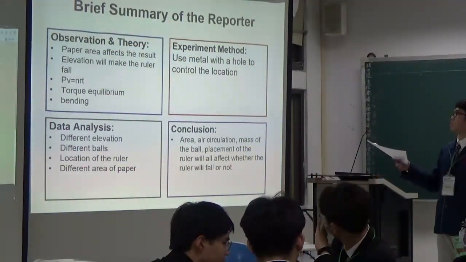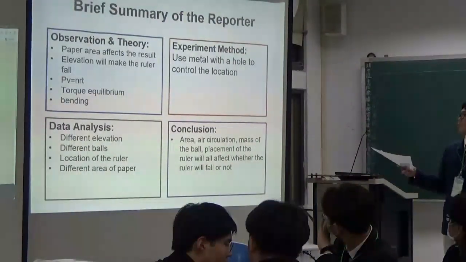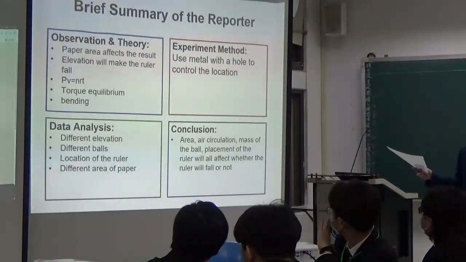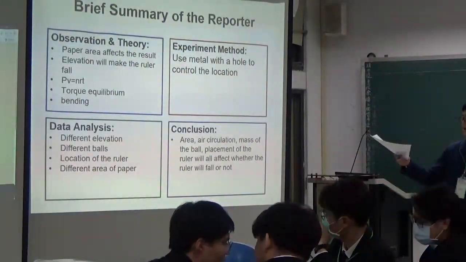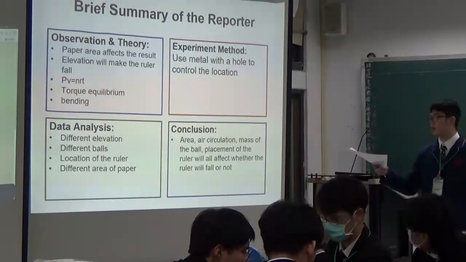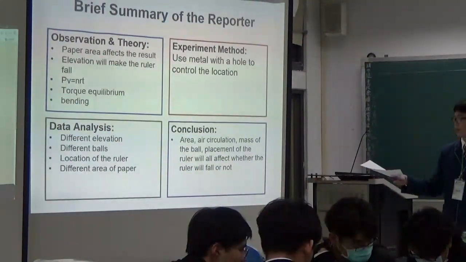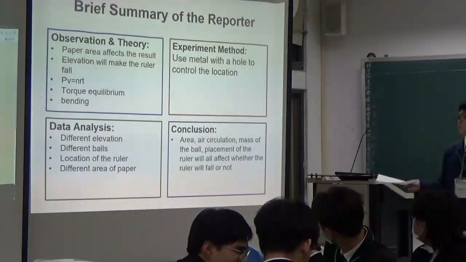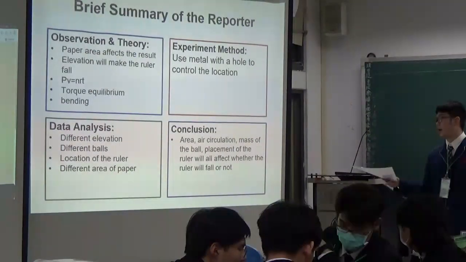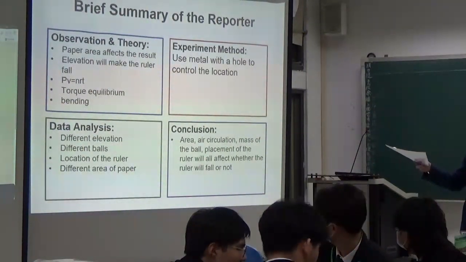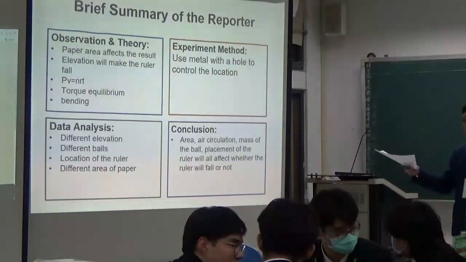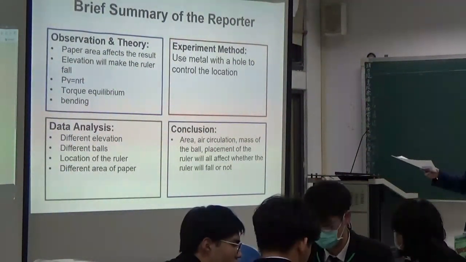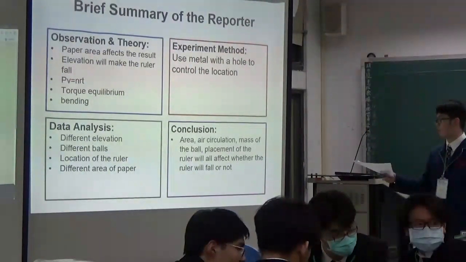And for the experiment method, they use metal with a hole to control the location. And for the data analysis part, they try different elevations and different balls and the locations of the ruler at different areas of paper. And for the conclusion part, they think that the air circulation, mass of the ball, and placement of the ruler will all affect whether the ruler will fall or not.